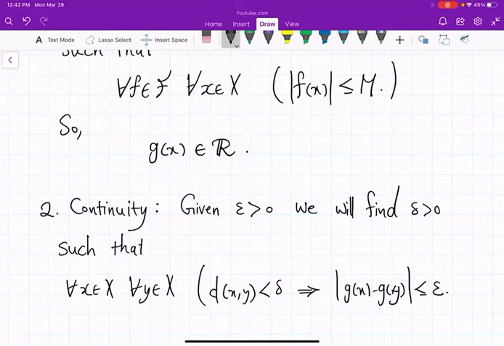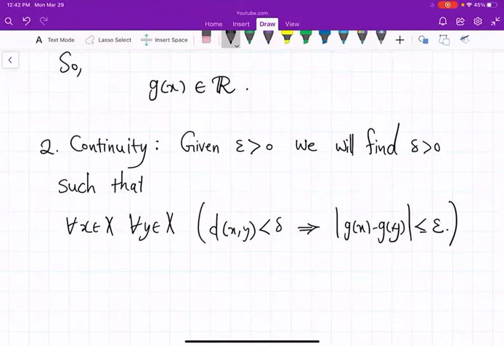So this is exactly continuity. Well, maybe this equality sign is here, but epsilon being arbitrary, it doesn't matter. We will find delta such that this happens.